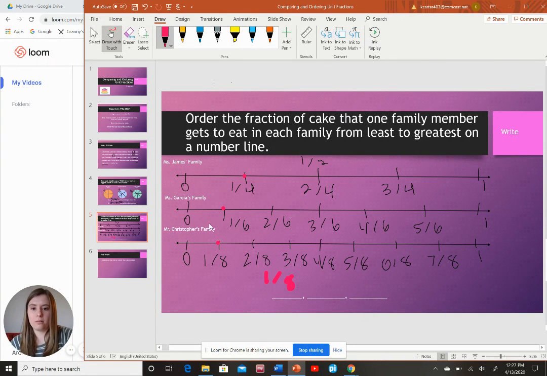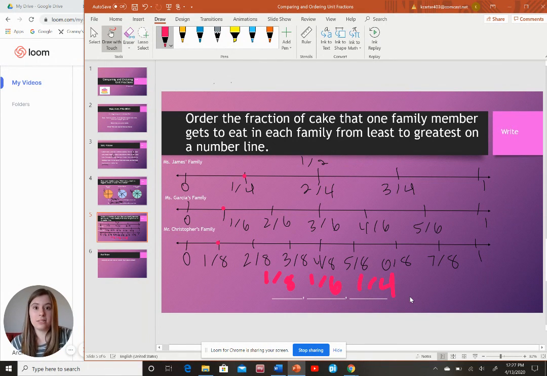And then I like to do the greatest next just because it's a little easier to see. So it looks like Mrs. James's family had the point that's farthest from 0, so they had the biggest pieces, and that was 1/4. And then the one in the middle, Miss Garcia's family, was 1/6. Okay, so there are our 3 fractions from least to greatest.